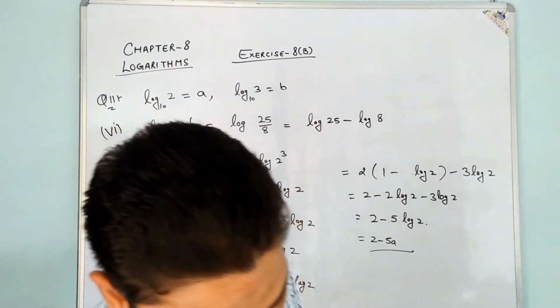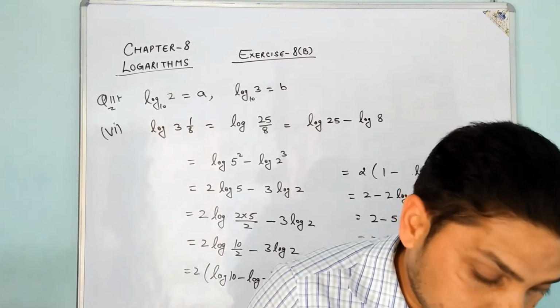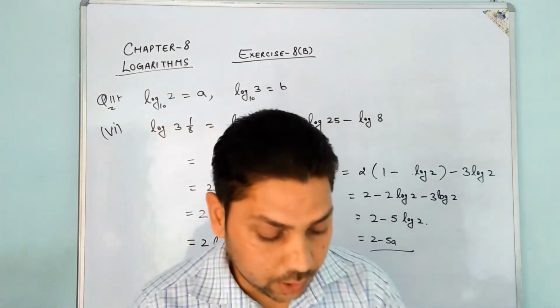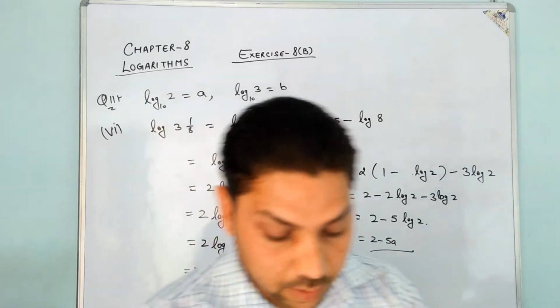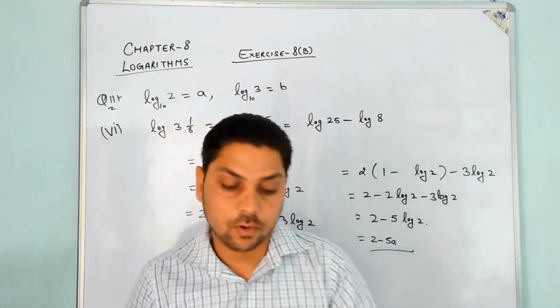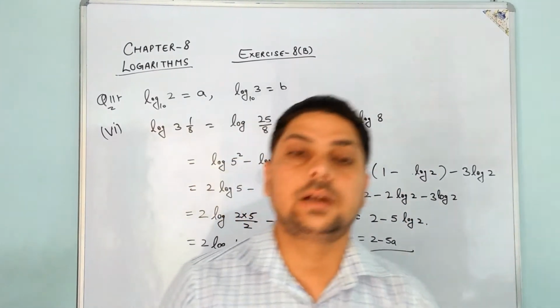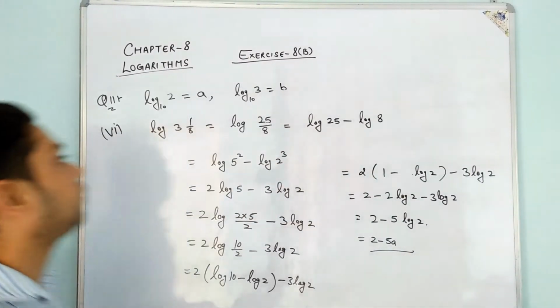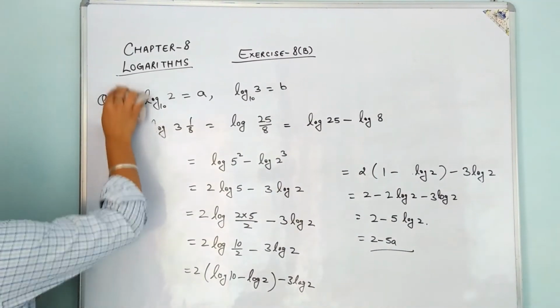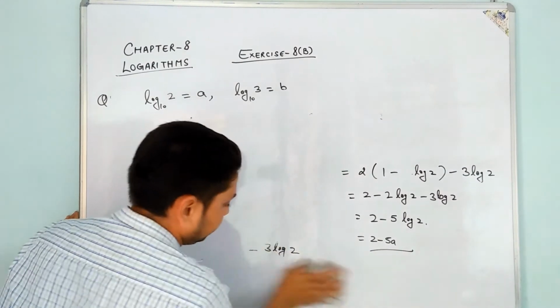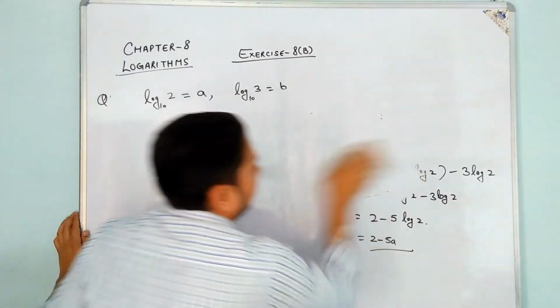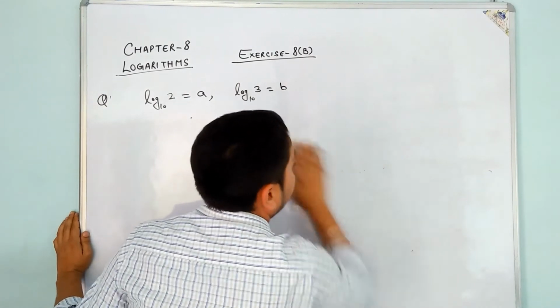Now, next we have question number 12. A similar type of question is there. Now we have been given the exact value of log of 2 and log of 3.